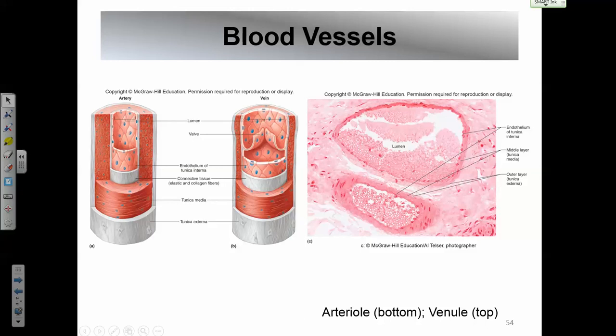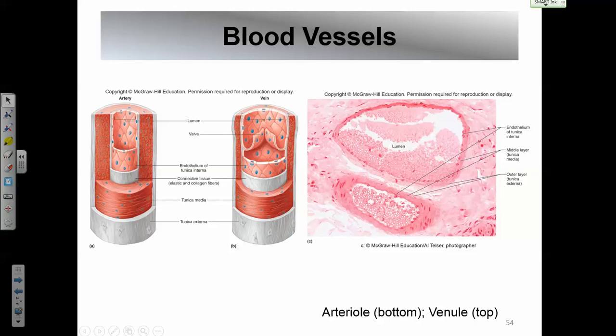Okay, and because of the pressure differences of the blood in each of these different blood vessels, that is significant as far as the structure of the wall of the blood vessel is concerned. On the left, you see an artery. And then in the picture on the right here, you see a vein. Do you notice how the muscle in the wall of the artery is much thicker than the muscle in the wall of the vein?